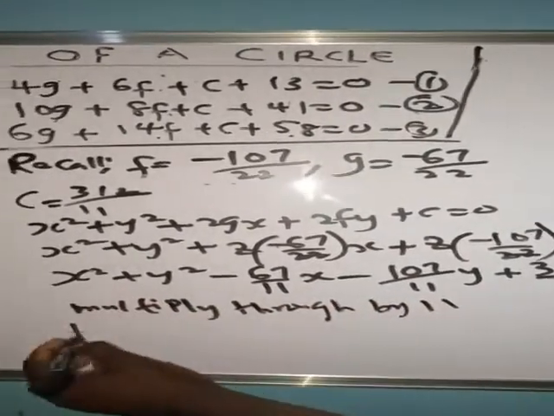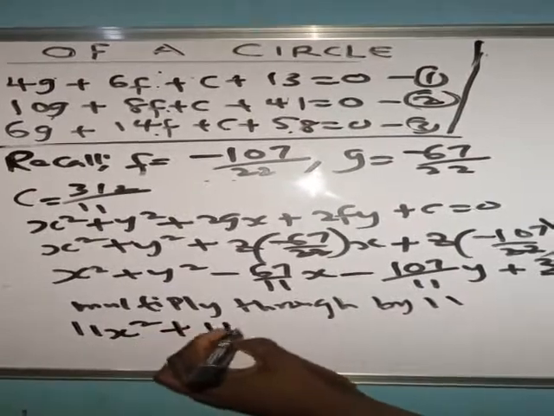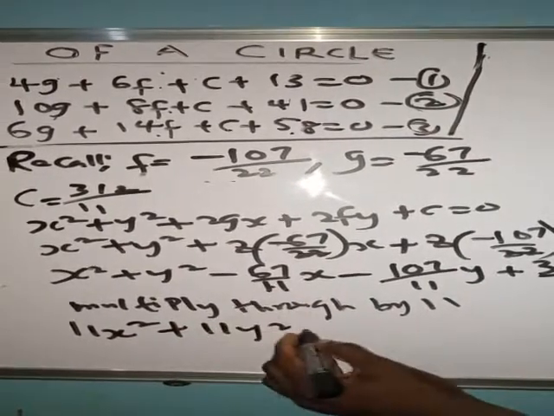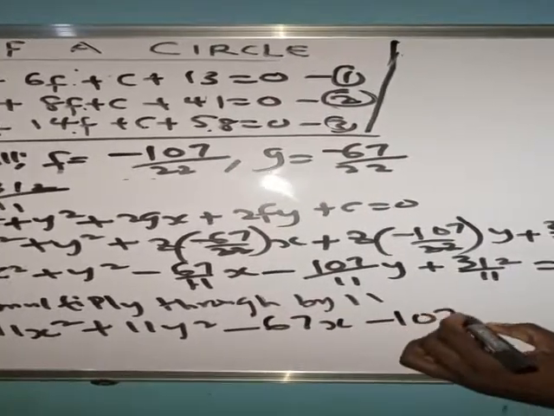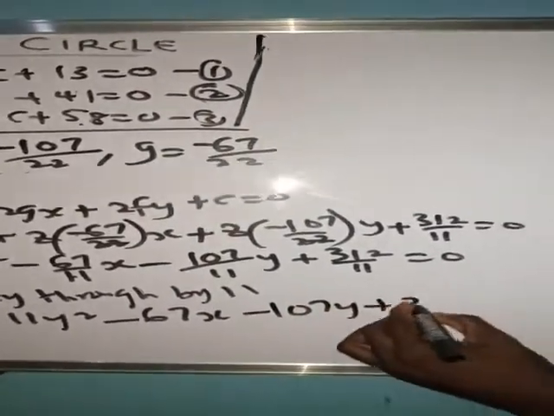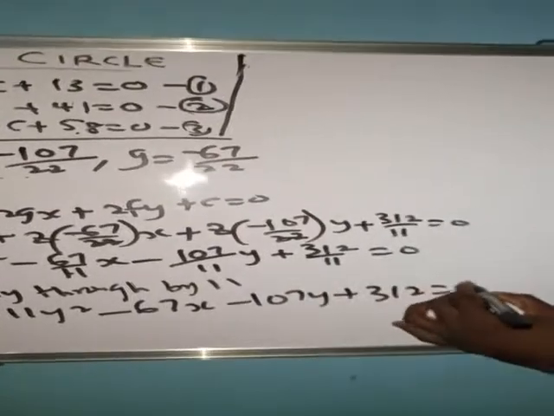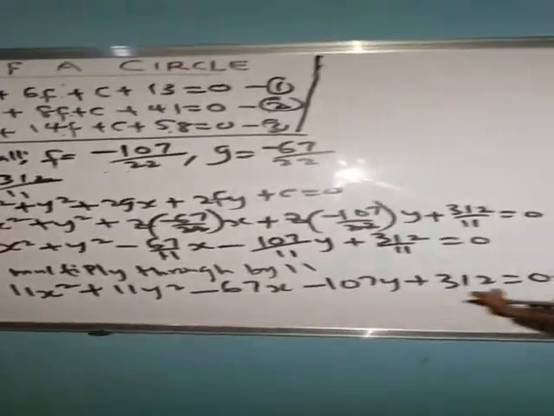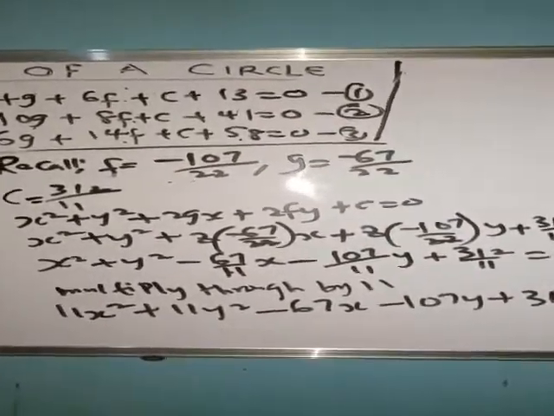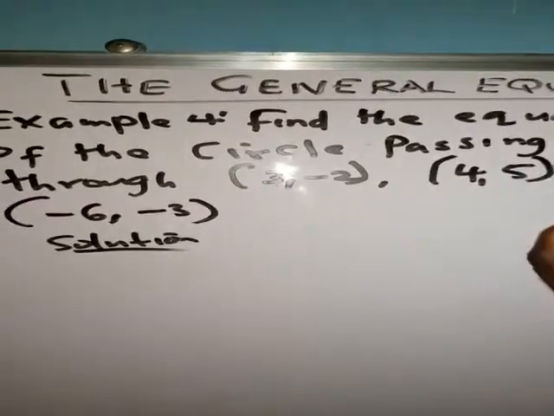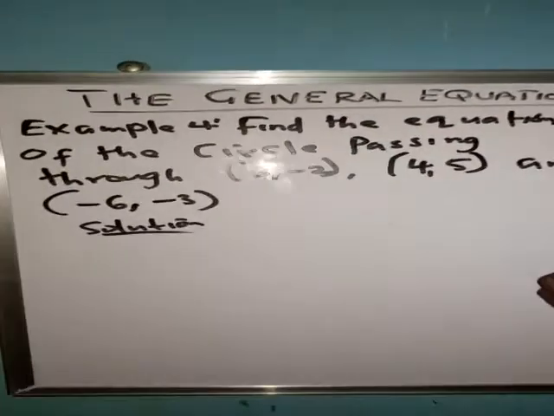So 11 times this, 11x squared plus 11y squared. Multiply by 11, you have minus 67x. Multiply by 11, you have minus 107y. Plus, multiply by 11, we have 312. And 11 times 0 gives you 0. This is the equation of that circle. You can see the coefficients of x squared and y squared are the same. The circle passes through these 3 points.